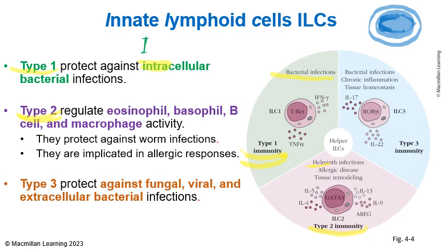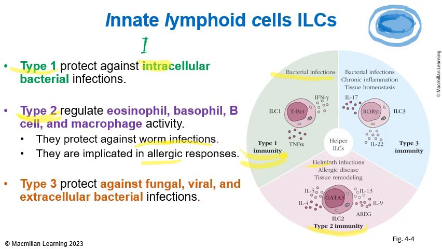But when you don't have enough worms to stimulate your immune system, those cells also go crazy and can cause allergies. So they are responsible for allergic responses, and they are also responsible for activating eosinophils and other cells that are important against worm infections. So that's type 2.